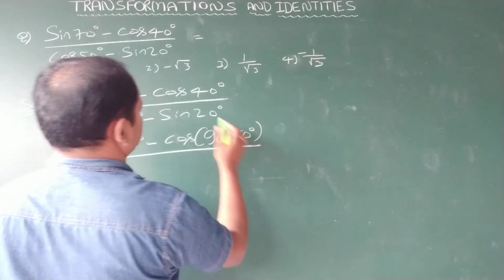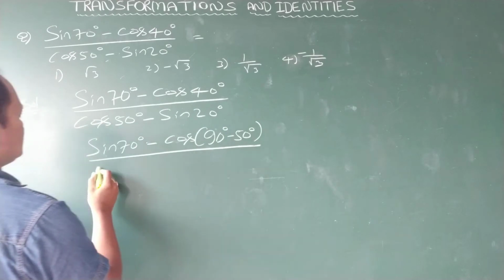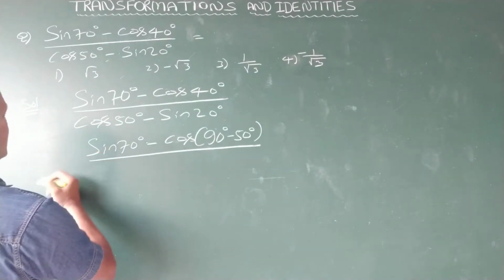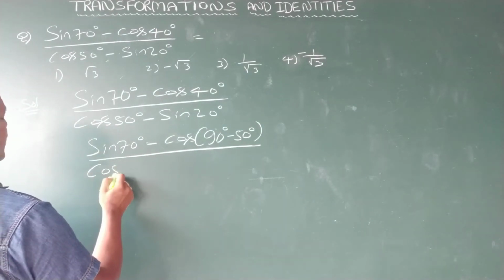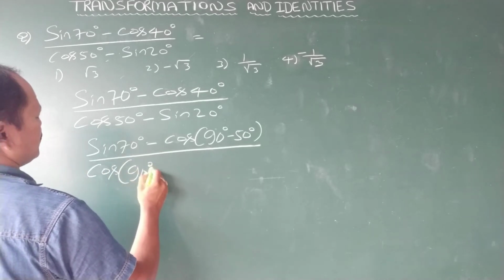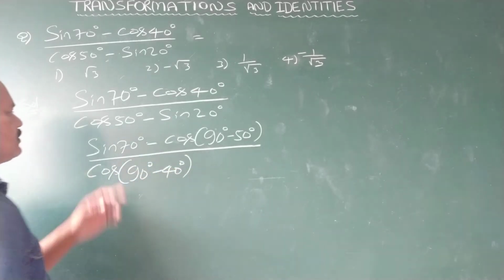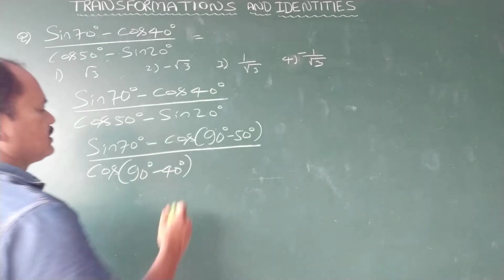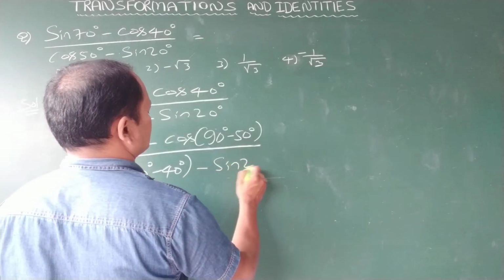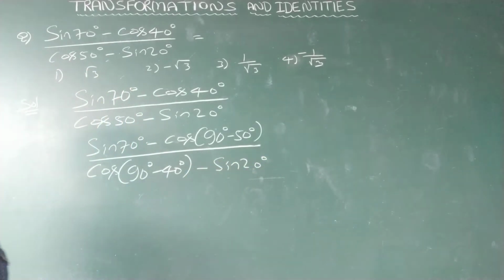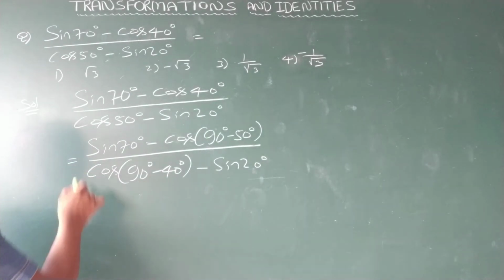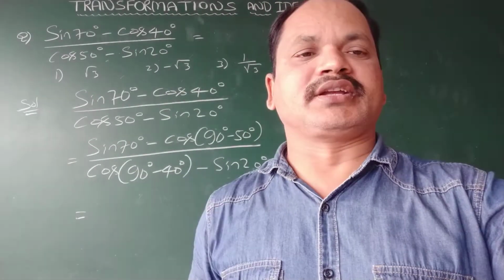Here also it is cos of (90 minus 40), so 50 degrees is 90 minus 40. Here it is minus sin 20 degrees.